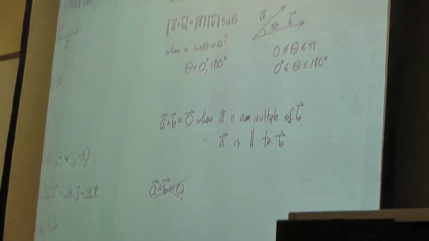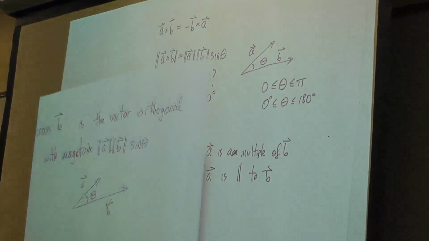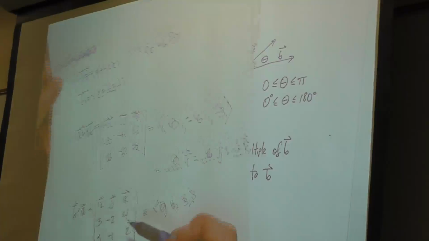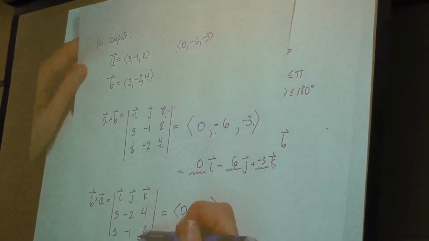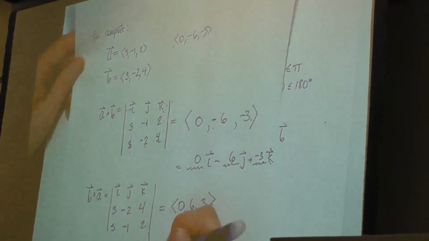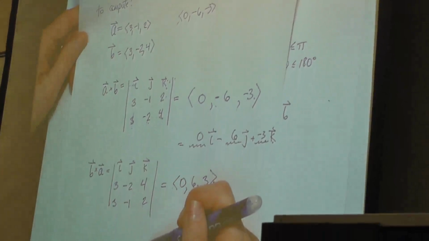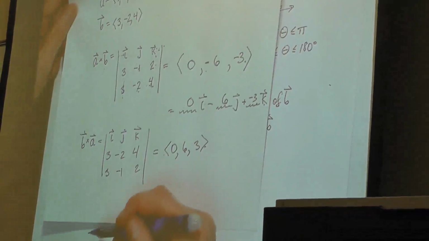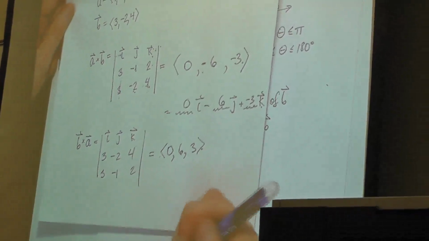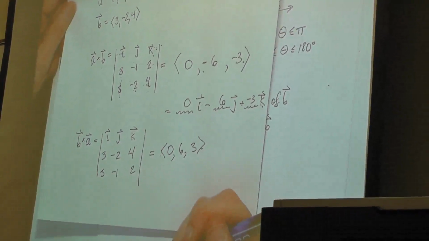If you haven't taken linear algebra, one of the things you will learn about determinants is that if any row is a multiple of any other row, or if any column is a multiple of any other column, the determinant will work out to be 0.